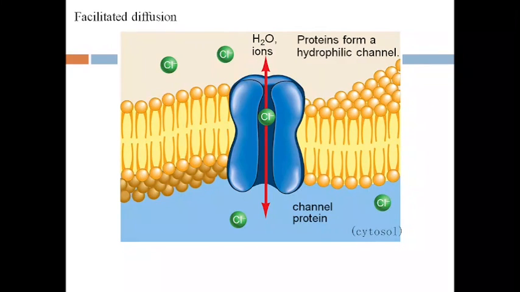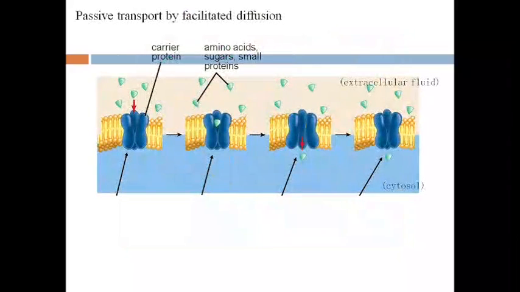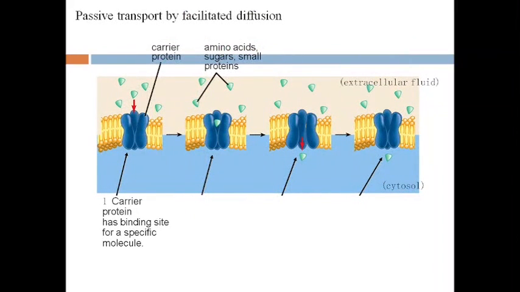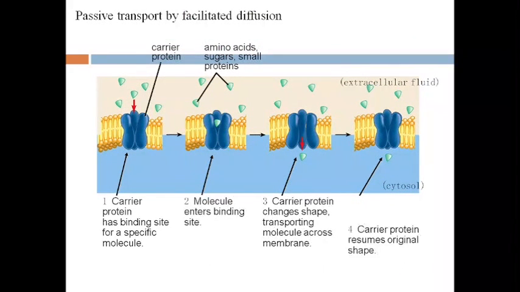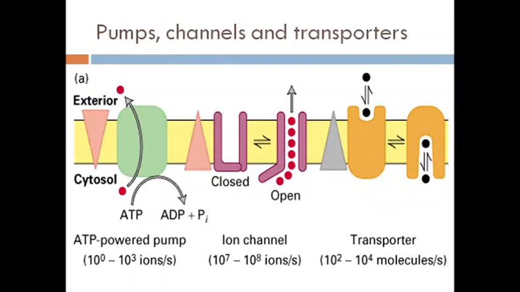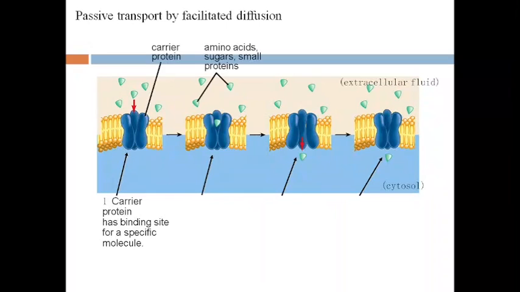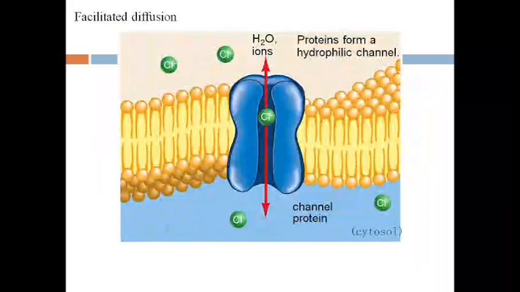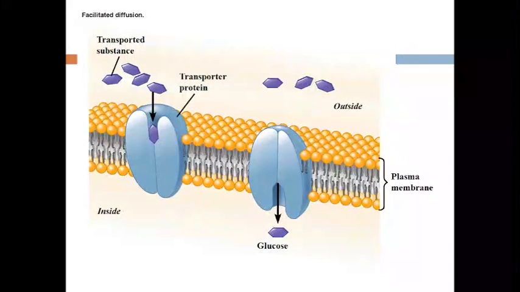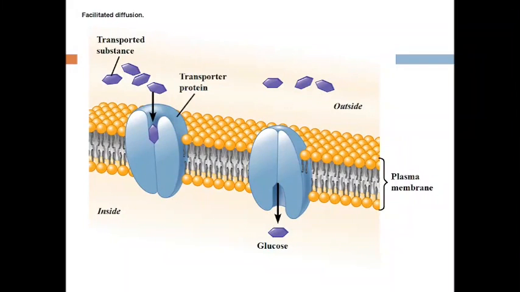Then comes active transport. Active transport takes place with the help of two different things. The very first is energy and another is a carrier protein.